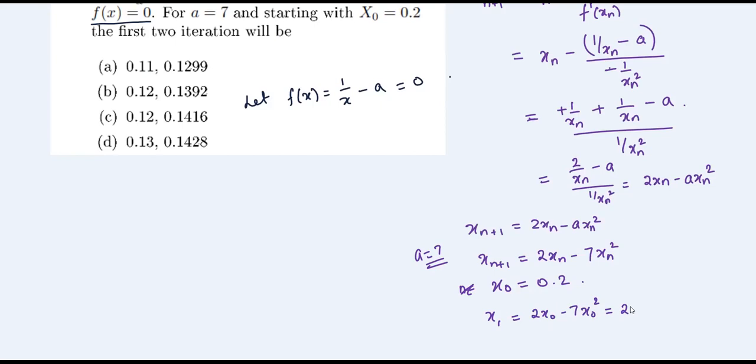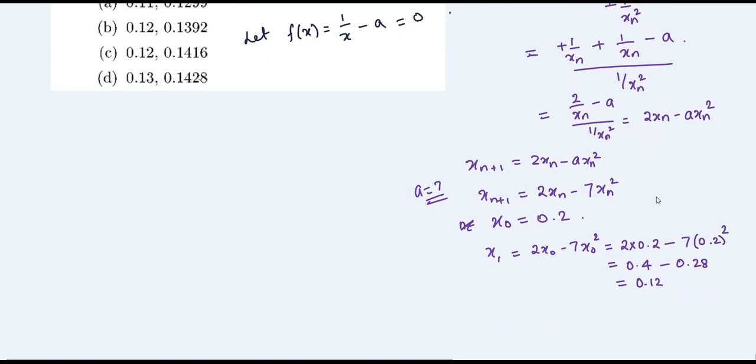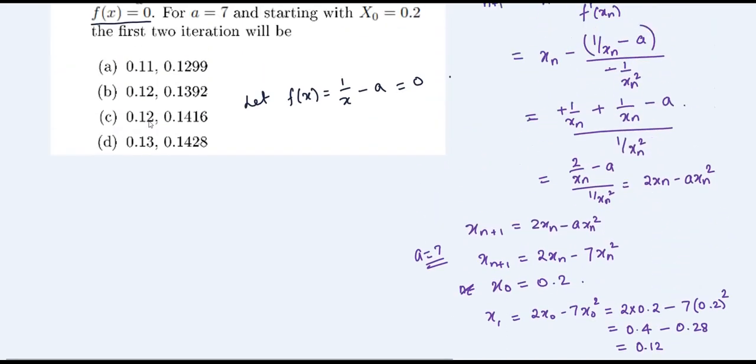That is 2 into 0.2 minus 7 into 0.2 the whole square. This is 0.4 minus 7 into 0.04. So 0.28. We get 0.12. That's the first iterative step. So you have B or C.